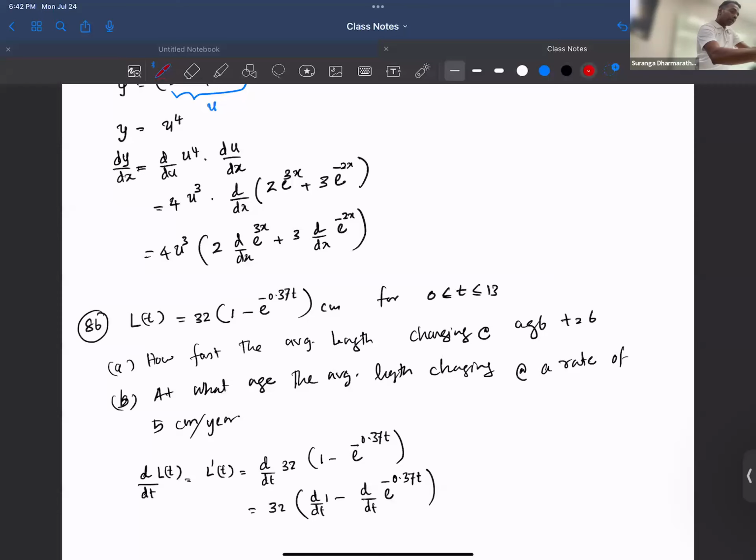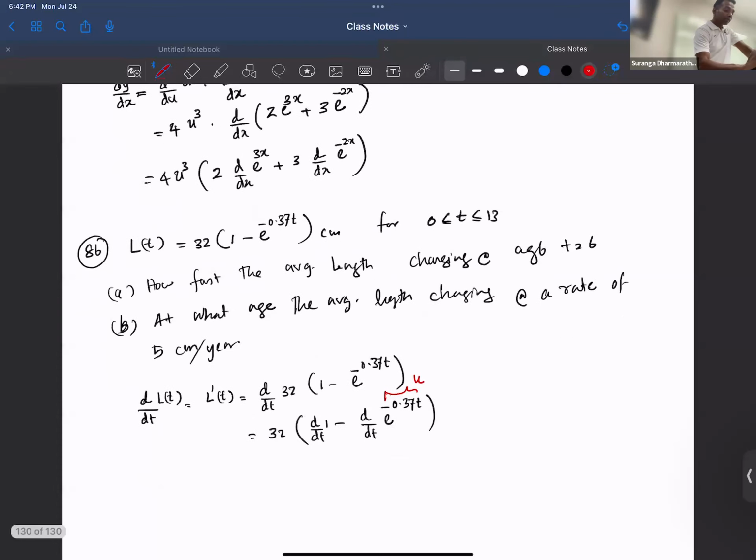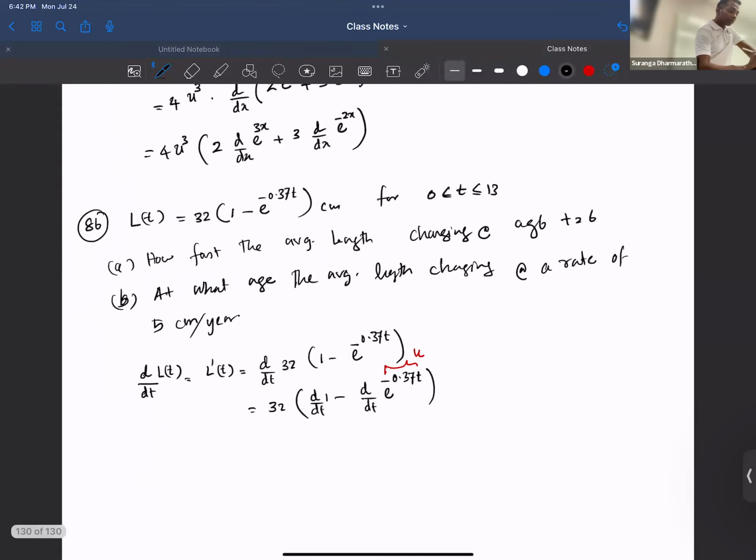Now I can take negative 0.37t as u. Then the 32 stays, and the derivative of the first term is 0, because it's a constant. Minus d over du of e to the power u times d over dt of u.